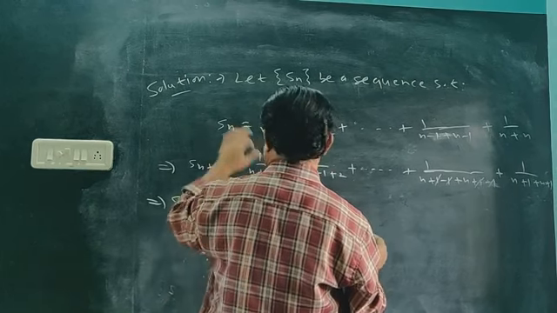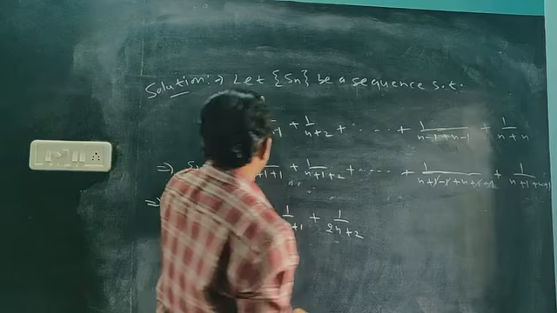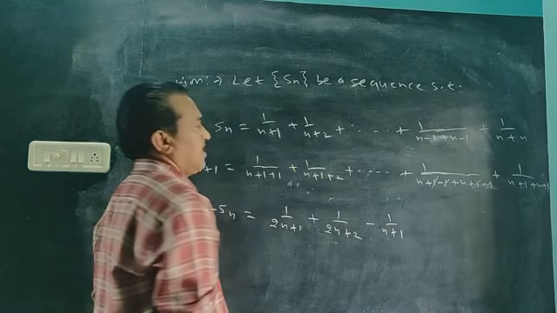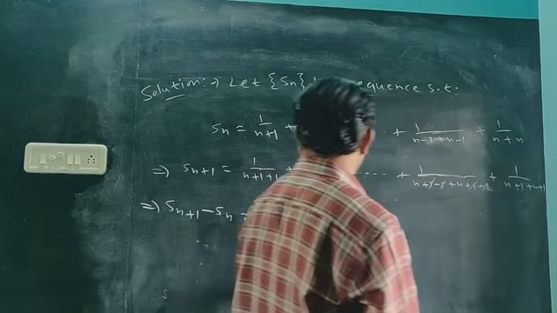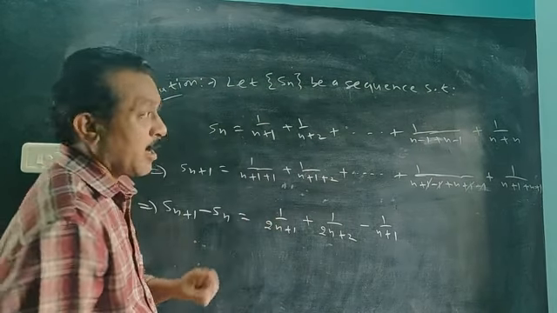The first term is n plus 1, starting from here n plus 2, this term will not cancel, minus n plus 1. The last term is twice n plus twice 2. You can write here all the terms.